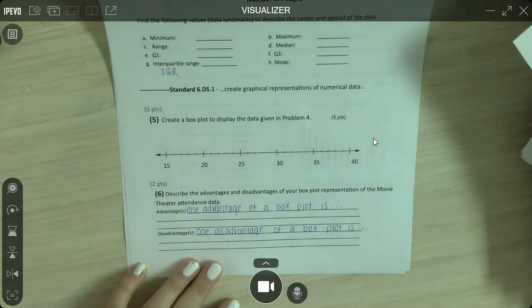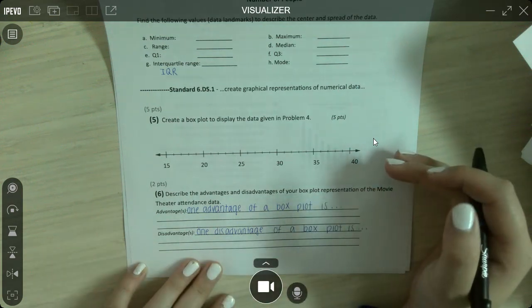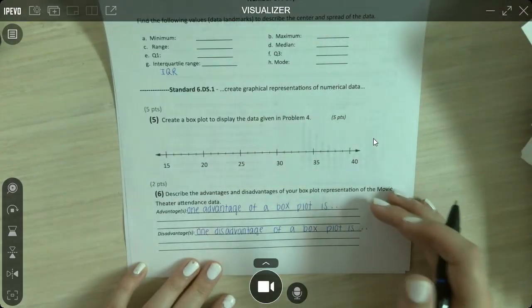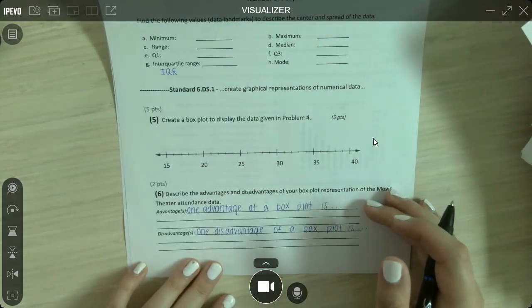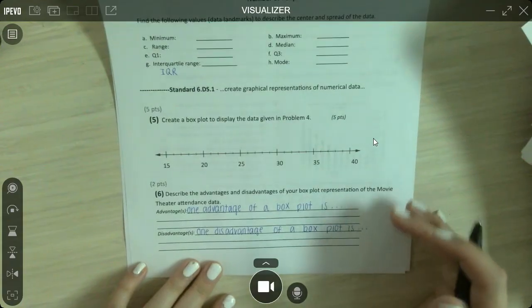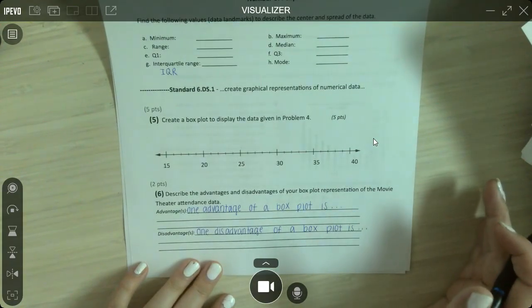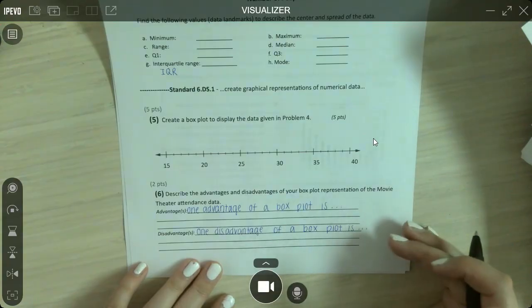Okay, so there's some sentence starters that you can use. Think about the data that's shown on the box plot versus your dot plot, for example. Think about what you can see and what you can't see in a box plot. Let's go ahead and take a minute and answer number 6.